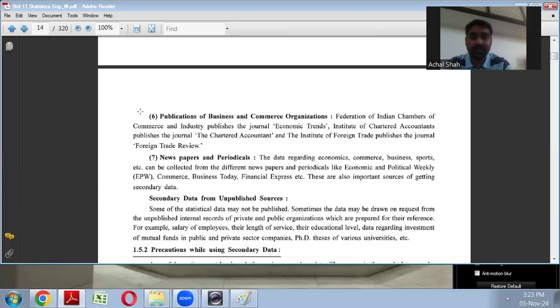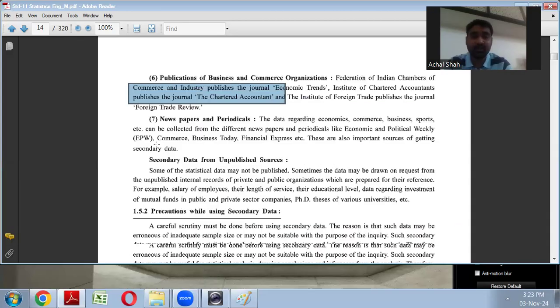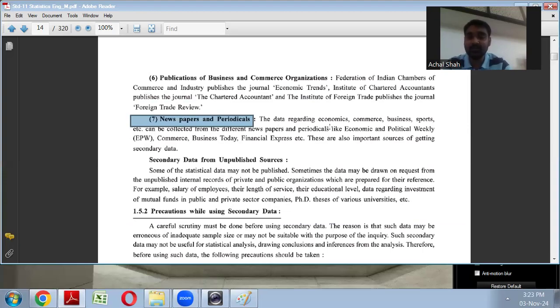Then after, there are publications of business and commerce organization like Federation of Indian Chambers of Commerce and Industry publish the journal Economic Trends. Institute of Chartered Accountants publish the journal Chartered Accountant, likewise. Then after, very common newspapers and periodicals that is easily available, the data regarding economics, commerce, business, sports, these kind of information can be readily available from newspapers or periodicals easily.